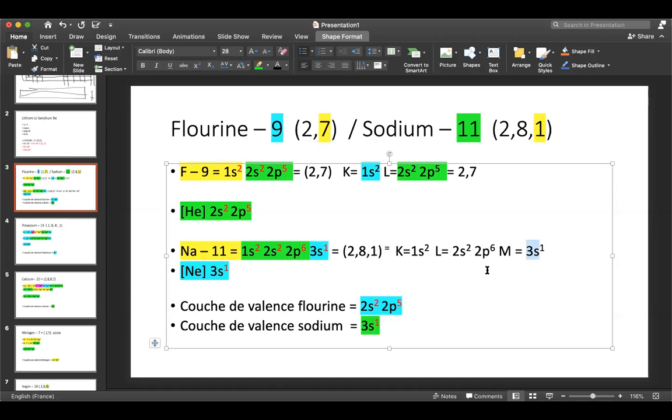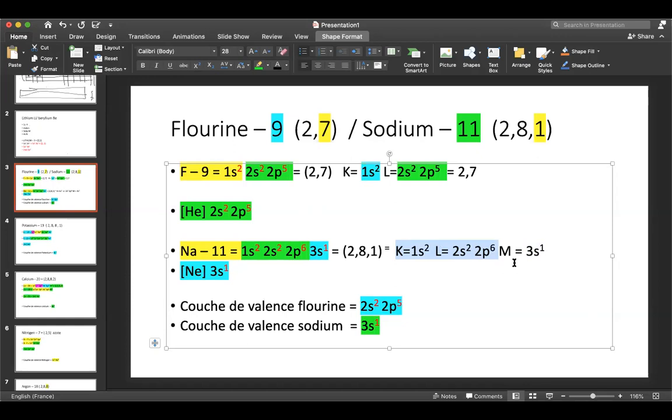Now, if we're asked to give la configuration électronique d'après les gaz rares, which is a noble gas electron configuration, we are going to consider this here. Please take note, always when you're looking for the configuration électronique for the gaz rare, first of all, look for which one is your couche de valence.